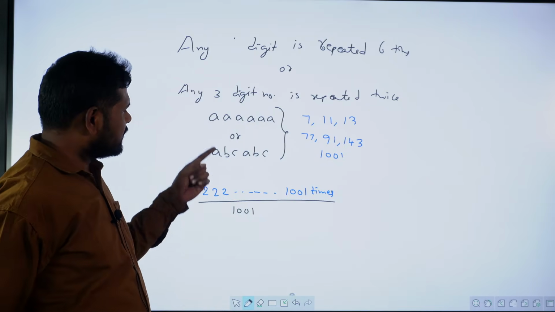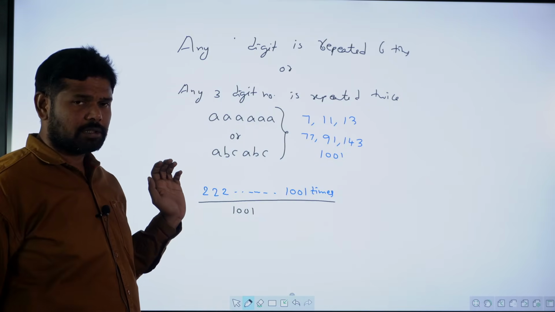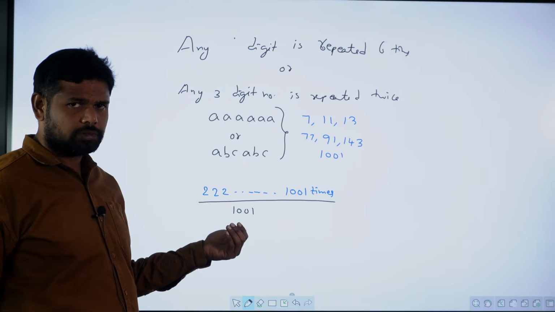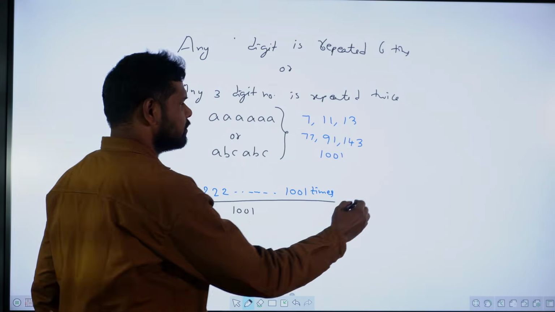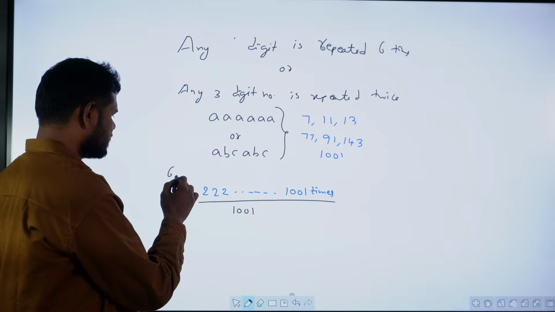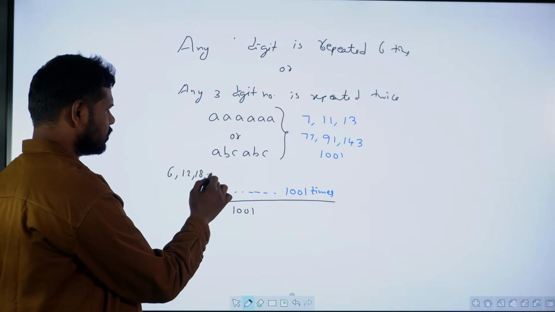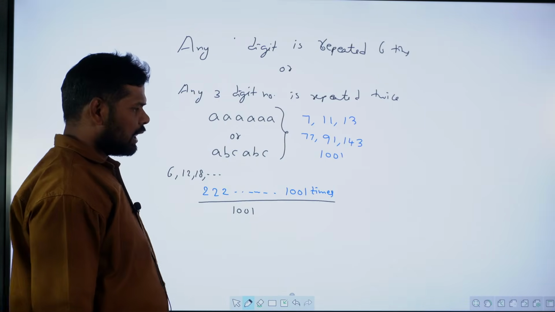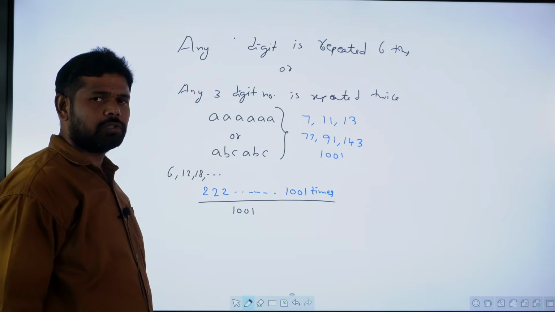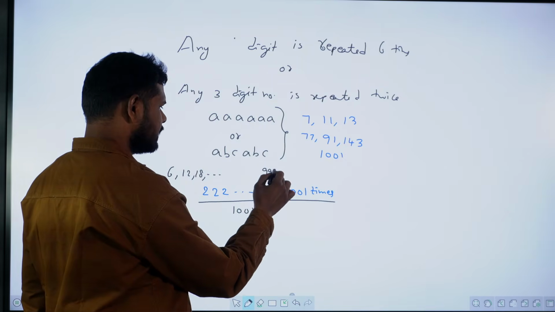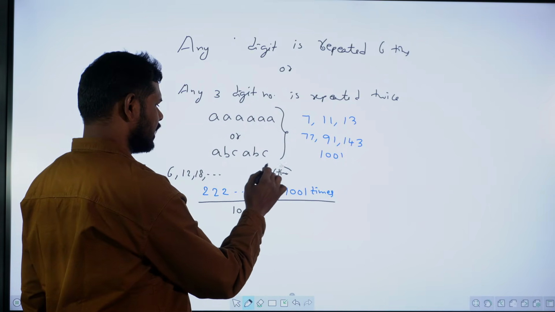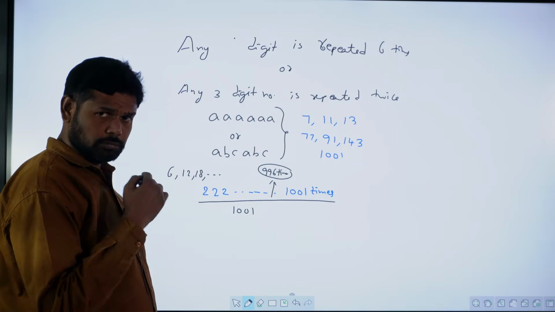Any digit repeated 6 times, that number is completely divisible by 1001. We know that. Again 12 times, so 6 multiple times: 6 times, 12 times, 18 times and so on. The last multiple nearest to 1000 is 996. So up to 996 times the remainder is 0 itself.